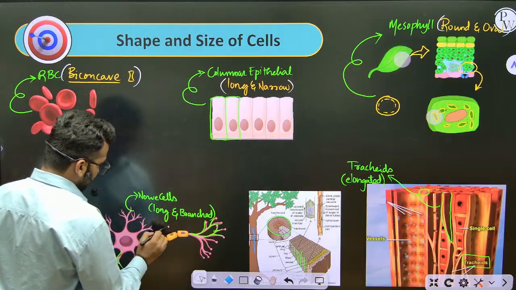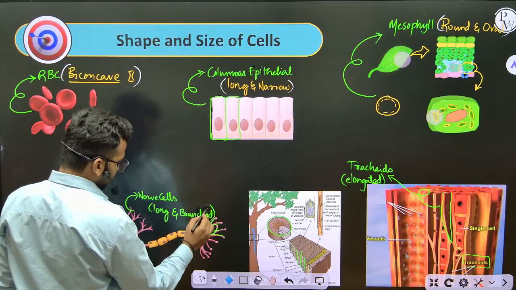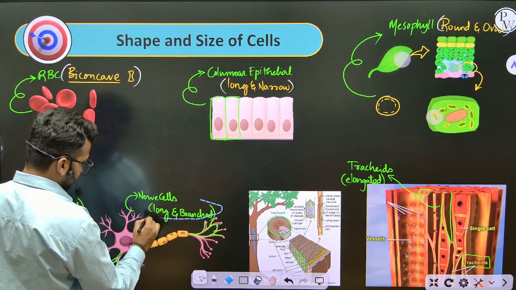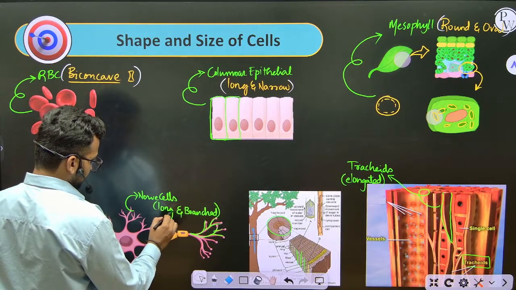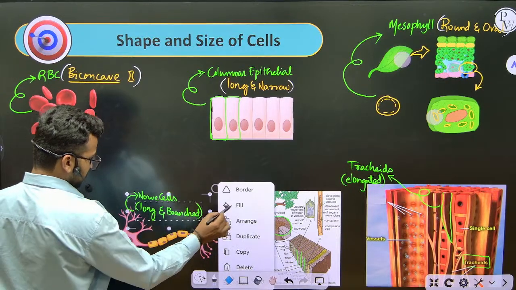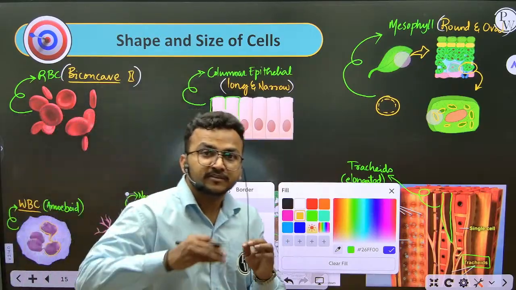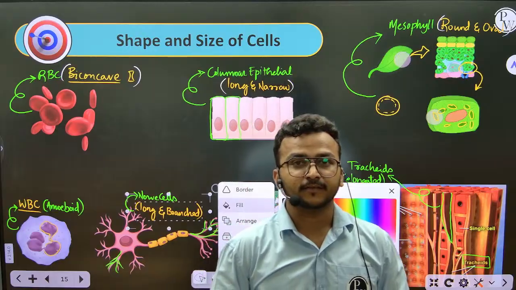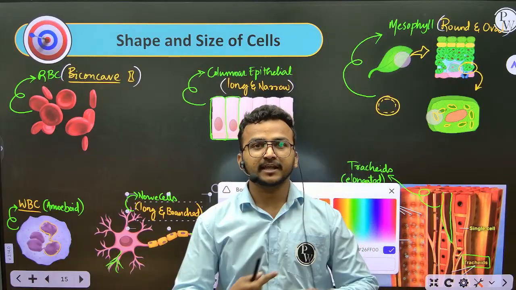Coming to the nerve cell, we know the function of the nerve cell is to send and receive signals. If I pinch here like this, the nerve cells will send the signal.